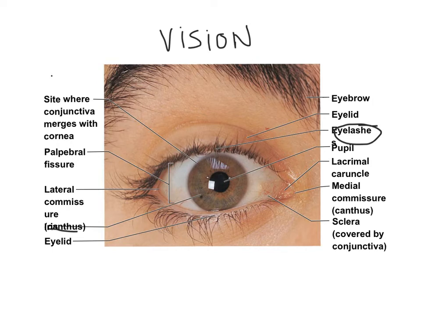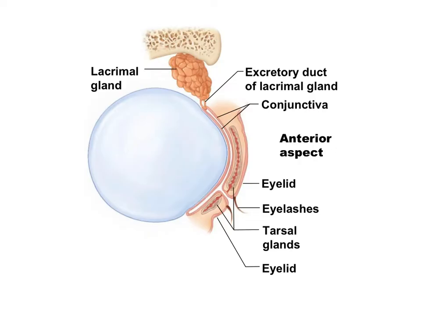Okay, so let's go on to the next page. This is showing you an anterior aspect, top down. This is the eye within the orbit. You see the eyelids in the front, eyelashes, and above here is a lacrimal gland, which provides fluid that washes over the eye.